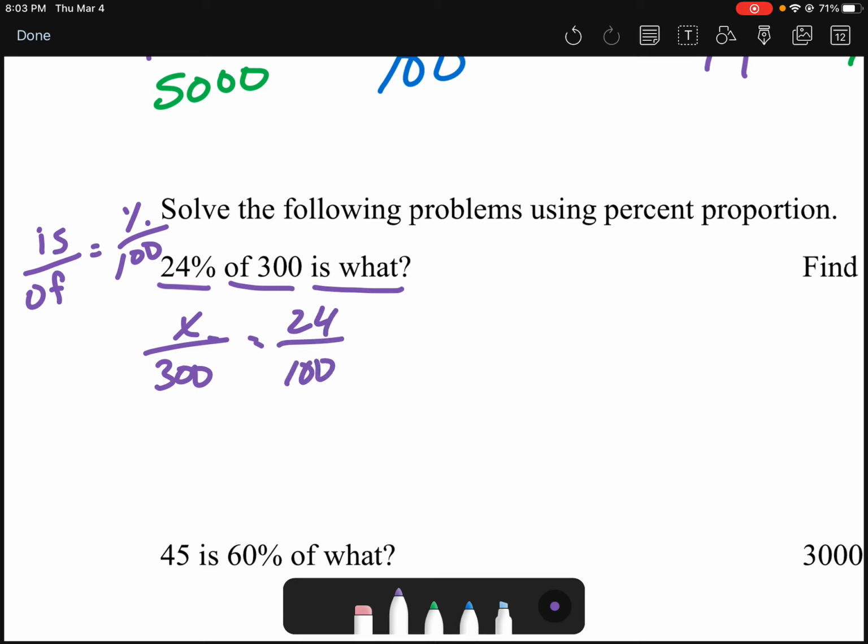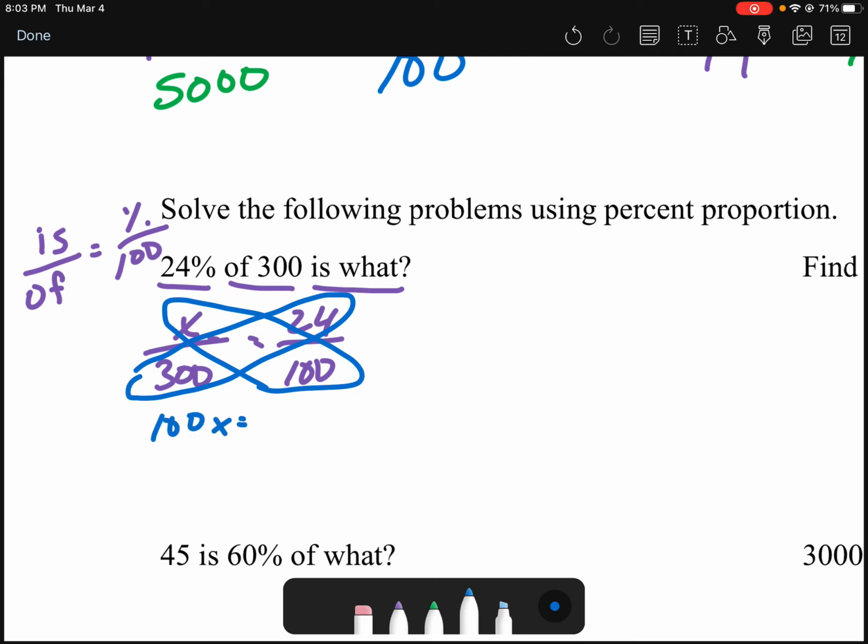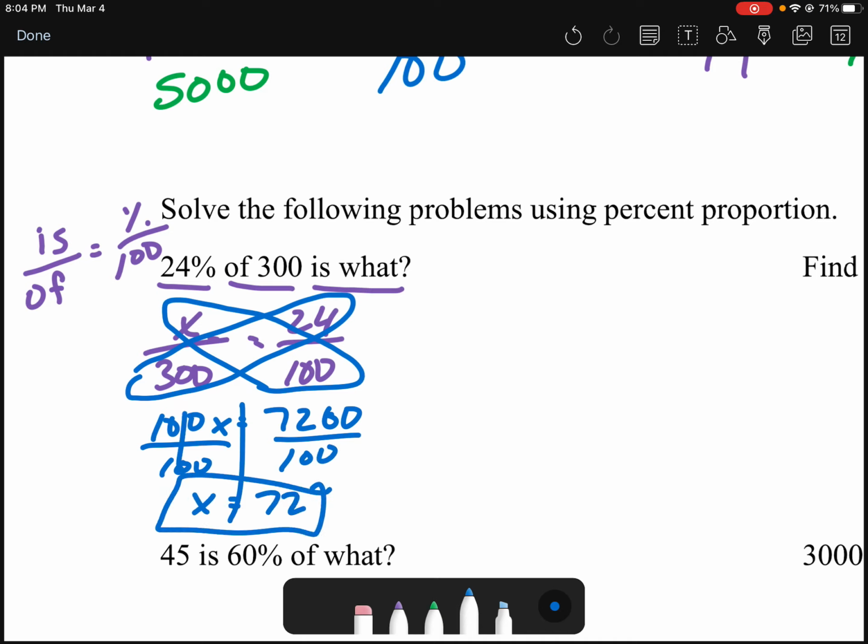Now these are the ones I want to solve, so I'll look at their cross products. I got 100x is equal to 7,200. To get x by itself, I'm going to divide both sides by 100. X equals 72. That's all you're doing here. So 24% of 300 is 72.